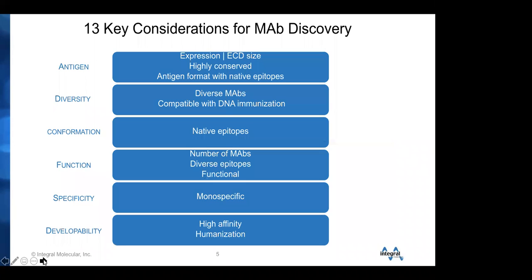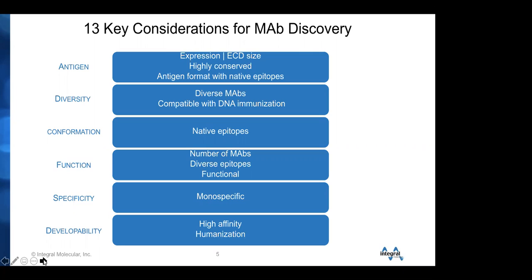So today, Ross and I are going to talk about the 6 steps to success in discovering monoclonal antibodies to multipass membrane proteins, and in the process, address 13 key considerations for these important targets.